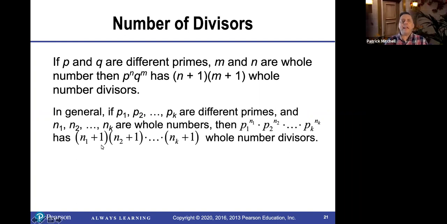Okay, so here it is in English. You find the prime factorization of the number, add 1 to all the exponents, and then multiply all those numbers together. After you've added 1 to each exponent, multiply them all together. And that'll give you the number of divisors.